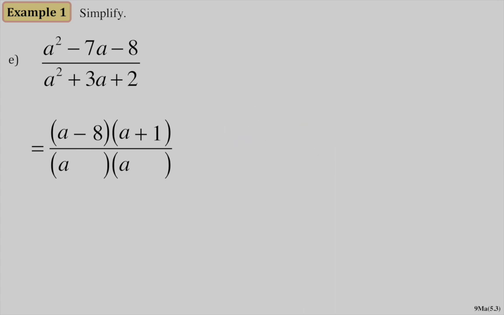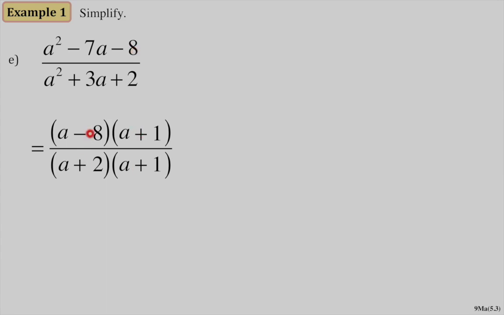On the bottom, I'm now looking at this part. Because it's a monic quadratic, I need numbers that times to give 2 and add to give 3. Well, that'd be 2 and 1 because 2 times 1 is 2 and 2 plus 1 is 3. So 2 and 1. Now I've finished all the factorising, and you notice I didn't write much about how I factorised.